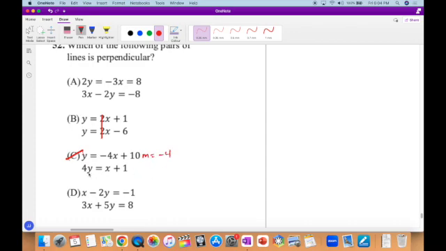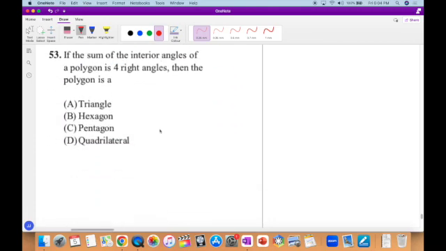The gradient of this line, if we throw this 4 across, it'll be divided by 4. So the gradient of this line is positive a quarter. And of course, negative 4 multiplied by positive a quarter will give us negative 1. And that is how we know two lines are perpendicular. So the answer is C.